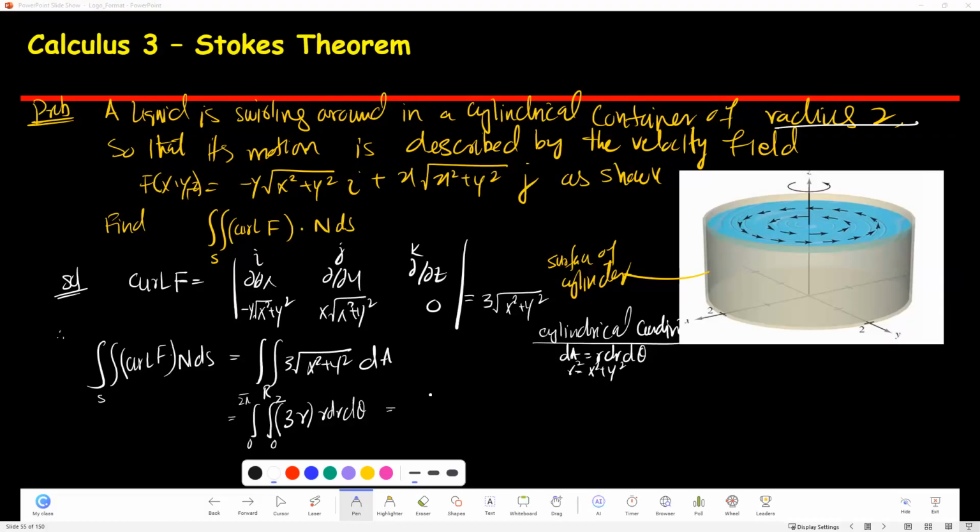Now it's fairly simple. If I take the integral, it's going to be 0 to 2 pi, and then r cubed divided by 3 when you take the integral, 3 cancels, it's going to be 1, r cubed, from 0 to 2, and then d theta.